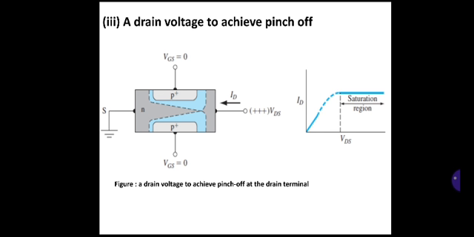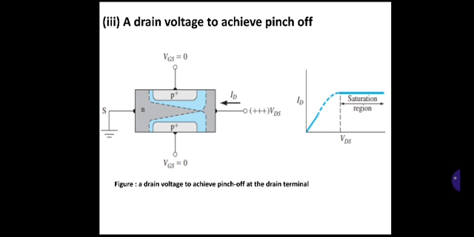So a condition as shown in this figure is achieved if the drain voltage is increased further. The channel has been pinched off at the drain terminal. Any further increase in the drain voltage will not cause an increase in the drain current.